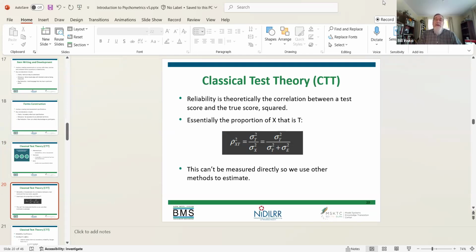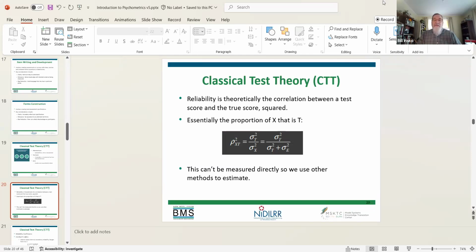And so if there's a takeaway for today, it's this: what is reliability? Theoretically, it's the correlation between a test score and the true score, squared. And so it's a variance. In other words, it's the amount of overlap between my score and truth.